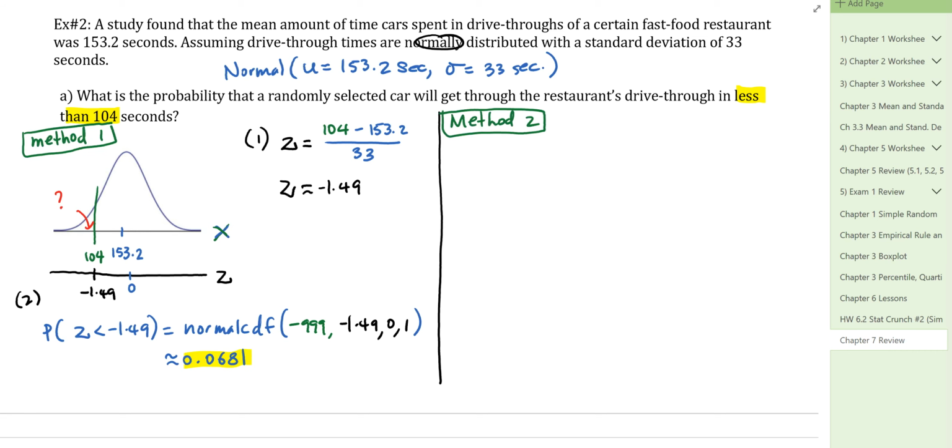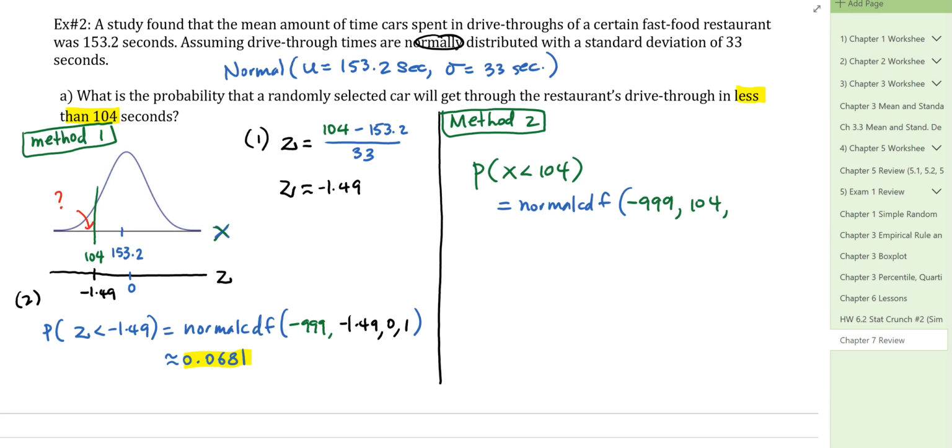Without converting, I'm still using the same normal curve, and I want to find the probability of x less than 104 seconds. I'm still using normal CDF. My lower bound is a large negative number, using the left tail area, and my upper bound is 104.